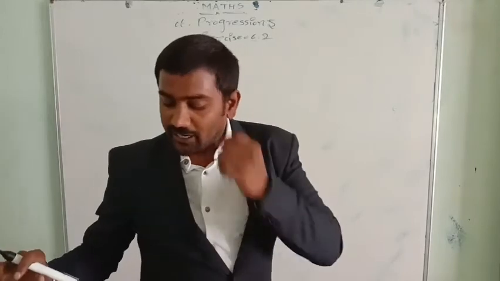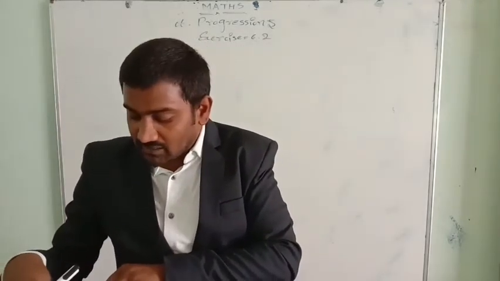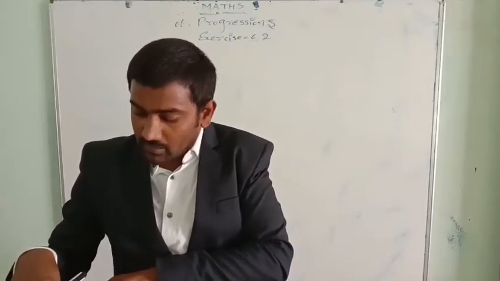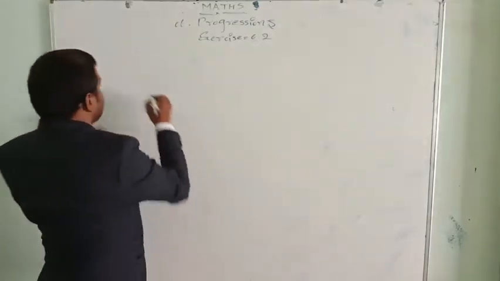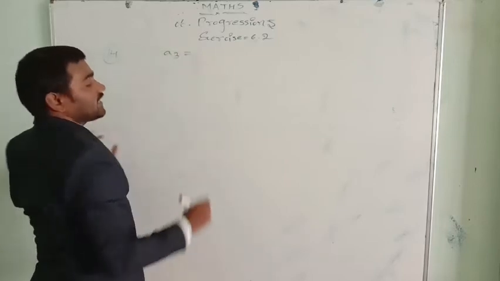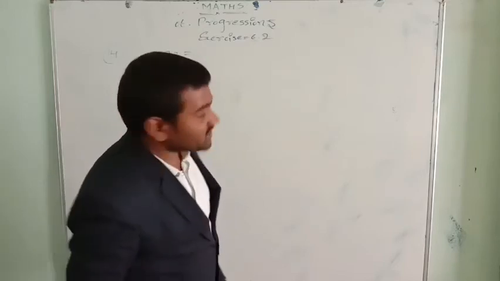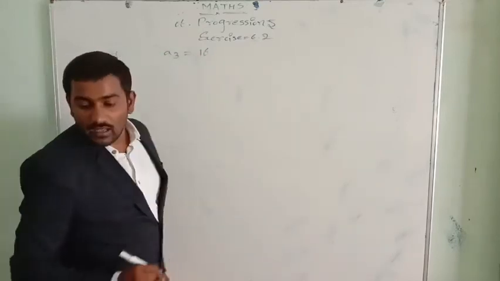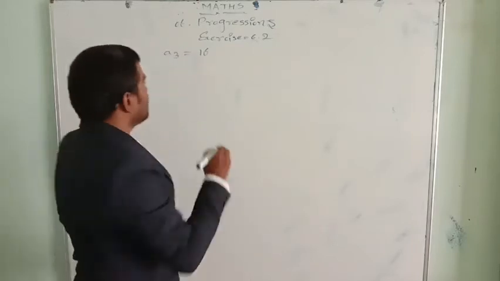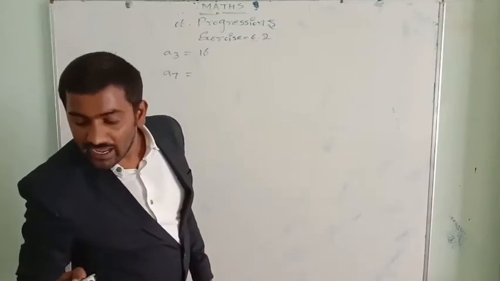Determine the APs whose third term is 16 and whose seventh term exceeds the fifth term by 12. Here, in the 14th question, the third term A3 is equal to 16, and the 7th term A7 exceeds the 5th term by 12.